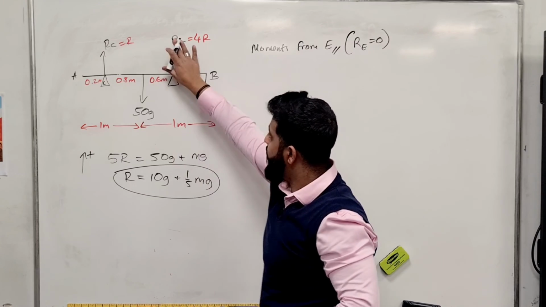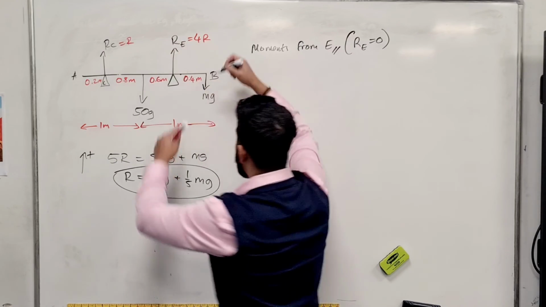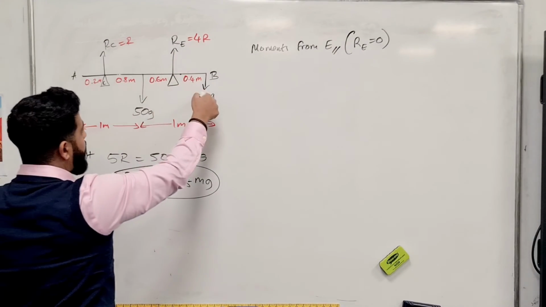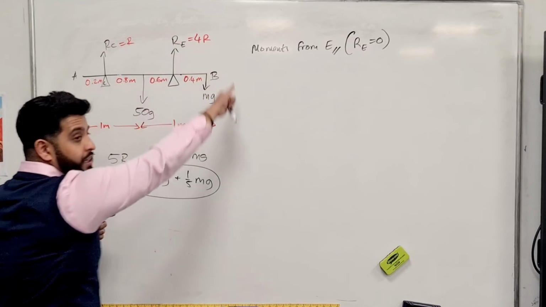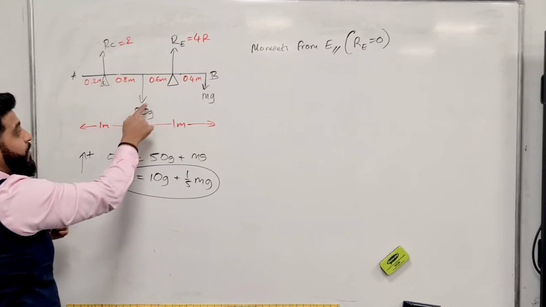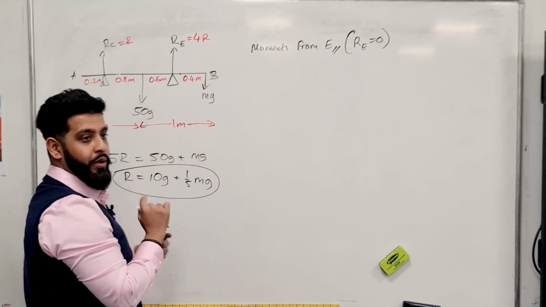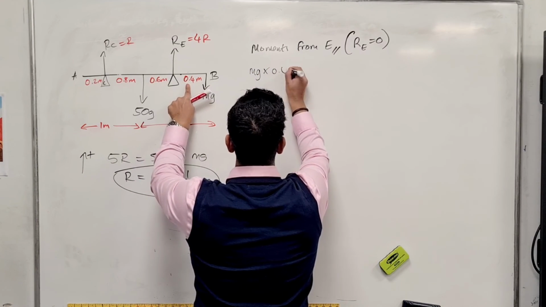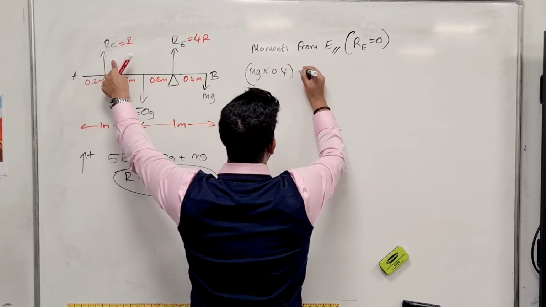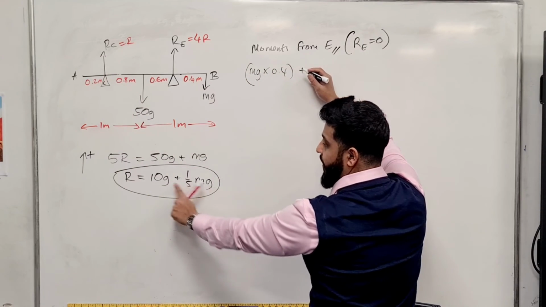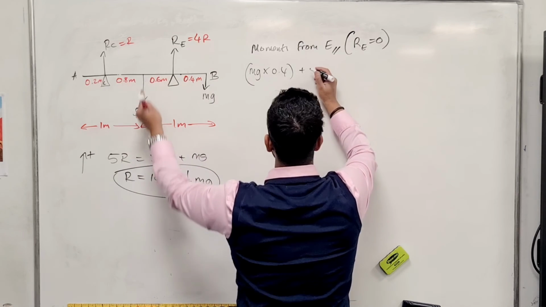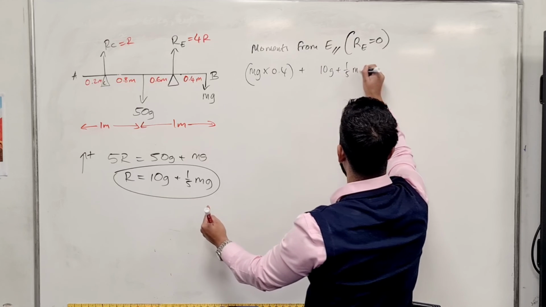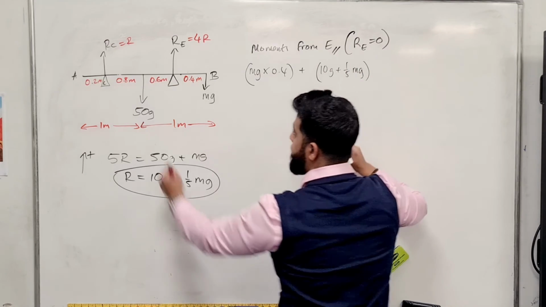So our clockwise and anti-clockwise now we have to determine. Let's start with this one, mg. Is it going clockwise or anti-clockwise around here? It's going clockwise. This is also going clockwise, isn't it? So the two clockwise are equal to the one that's going anti-clockwise. So mg times the distance, which is 0.4. That's 1. And then R. Now what was R? R was all of that times the distance there. So let's write all of that: 10g plus a fifth mg in a bracket times the distance.